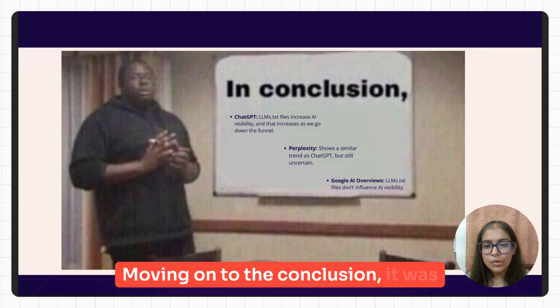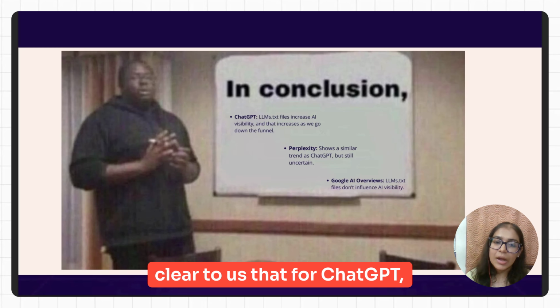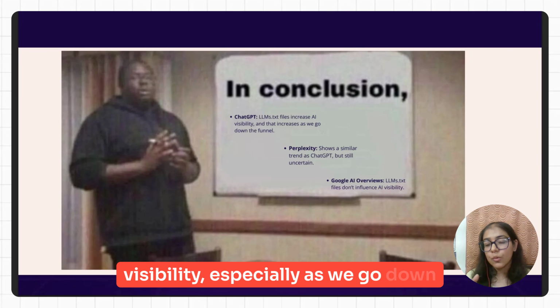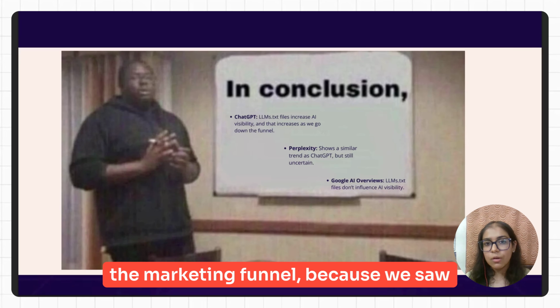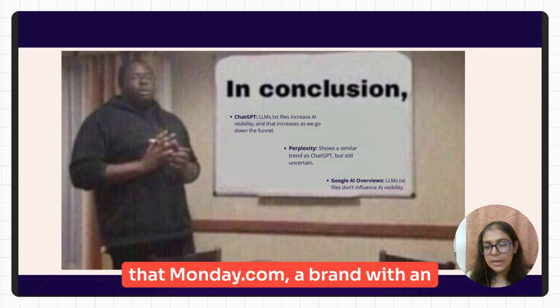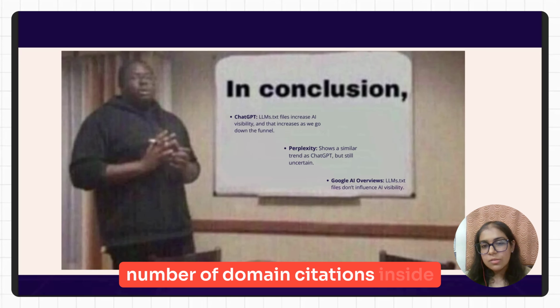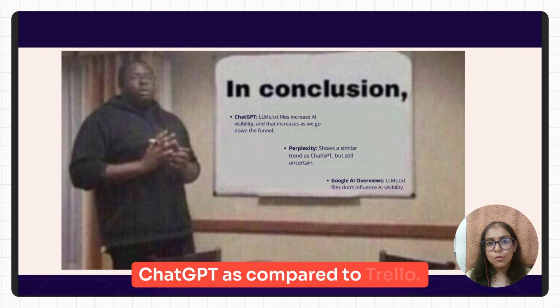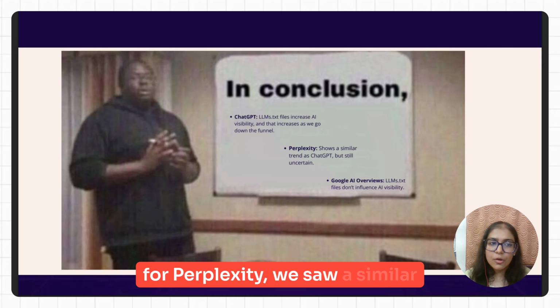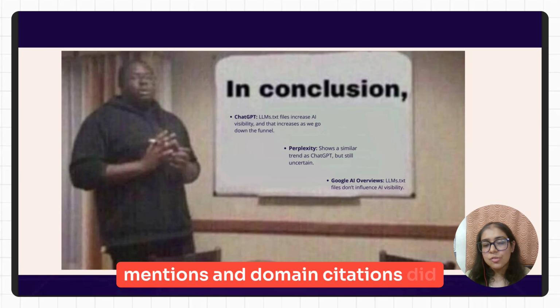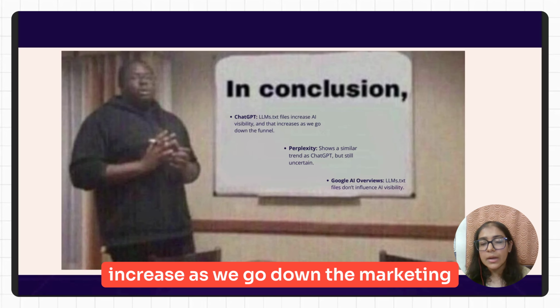Moving on to the conclusion, it was clear to us that for ChatGPT, llms.txt files increase AI visibility, especially as we go down the marketing funnel, because we saw that Monday.com, a brand with an llms.txt file, secured a higher number of domain citations inside ChatGPT as compared to Trello. For Perplexity, we saw a similar trend in the sense that both brand mentions and domain citations did increase as we go down the marketing funnel.